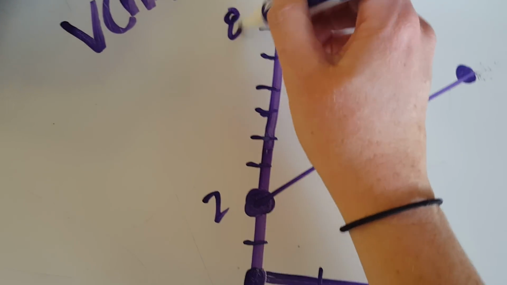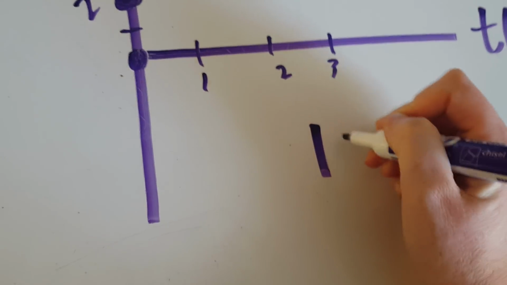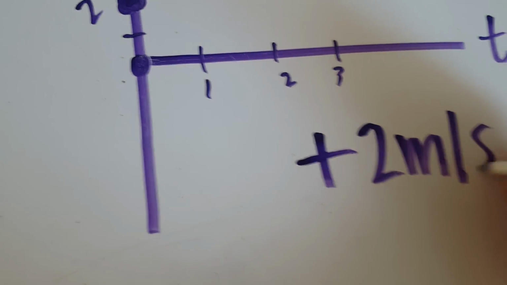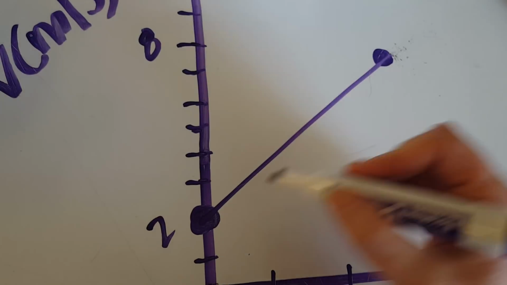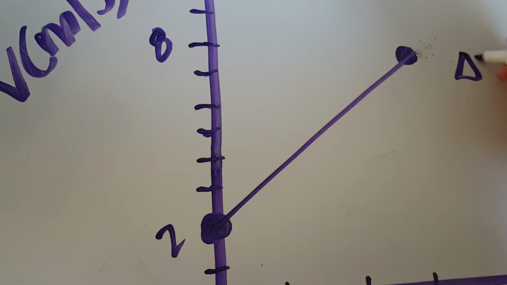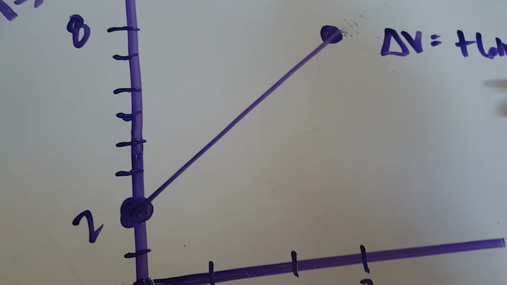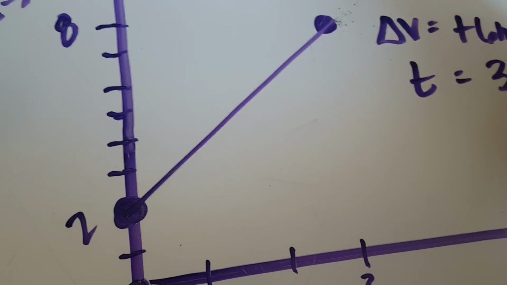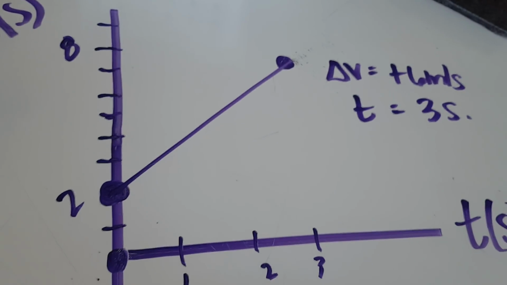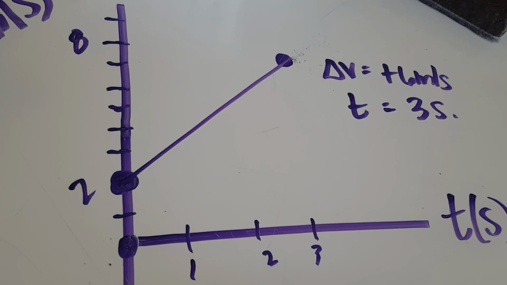So we determined that the rate of acceleration for this was positive 2 meters per second squared, because my rate of change was from 2 to 8, so my change in velocity was positive 6 meters per second, and my elapsed time was 3 seconds. So I ended up getting a positive 2 meter per second acceleration. So check that out. That's what that line looks like.